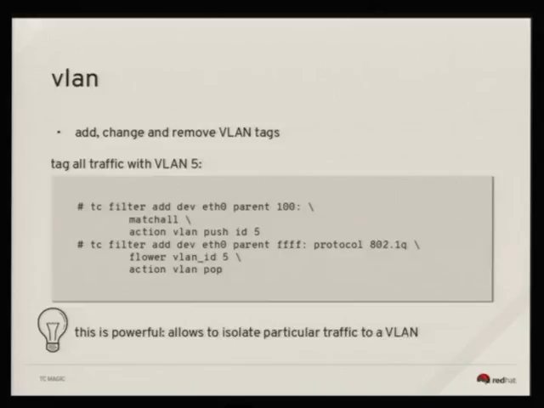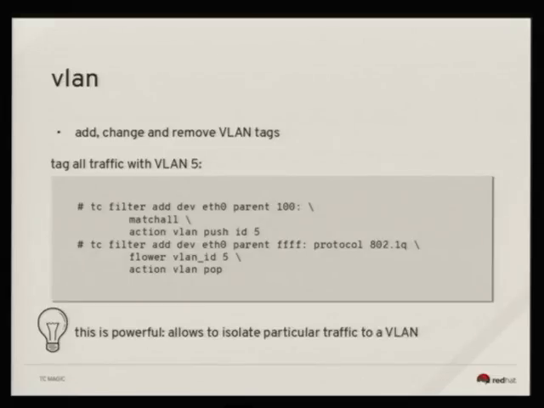So you see we are attaching here a filter to the ingress qdisc, matching all packets and all protocols, and we're also adding to the ingress qdisc a filter that matches on this protocol. That's VLAN, and if it's VLAN number 5, then we remove the VLAN header.